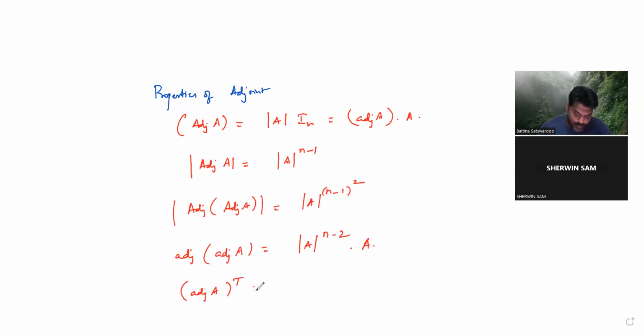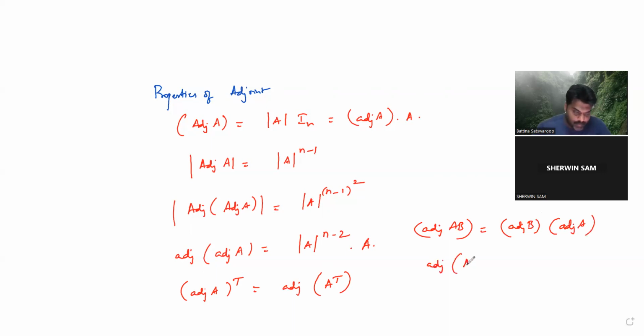Adjoint A whole transpose is equals to adjoint of A transpose. Adjoint of AB is equals to adjoint of B into adjoint of A. Adjoint of A inverse is equals to adjoint of A whole inverse.